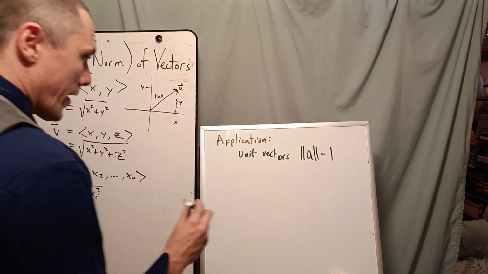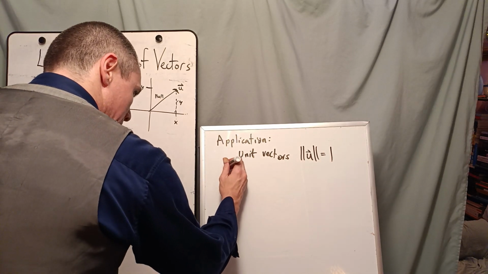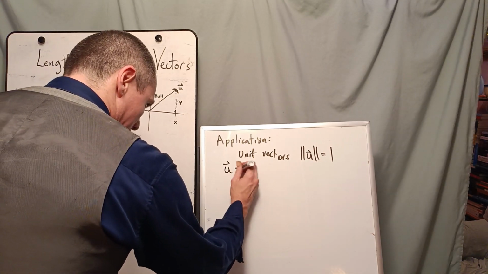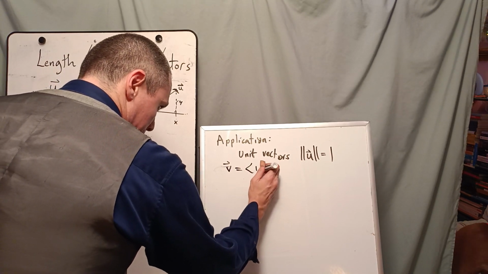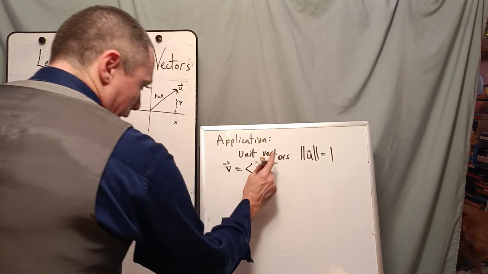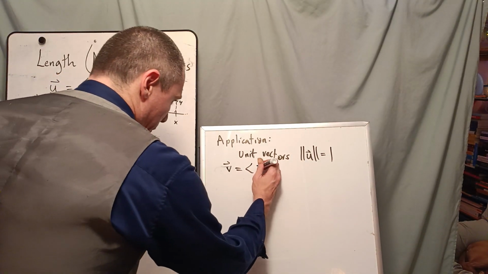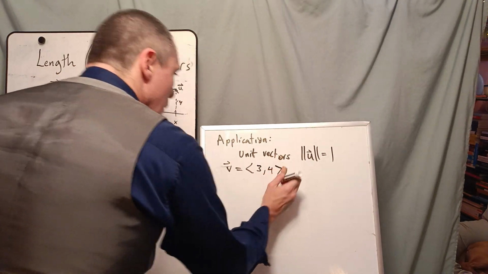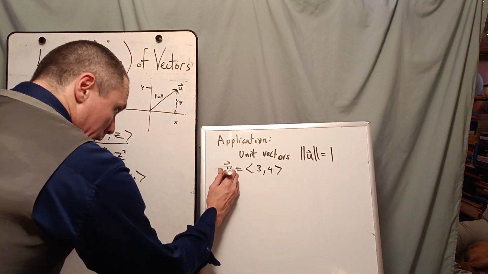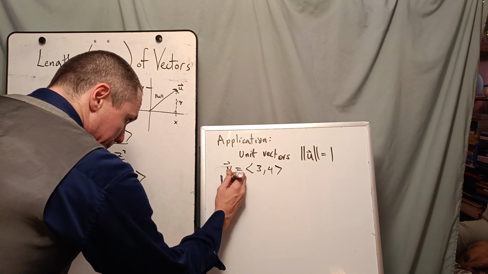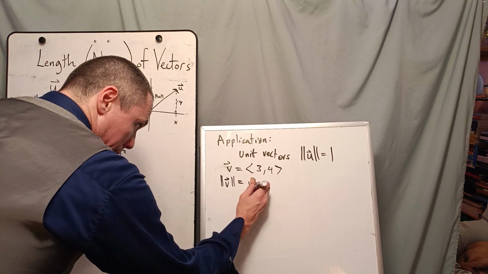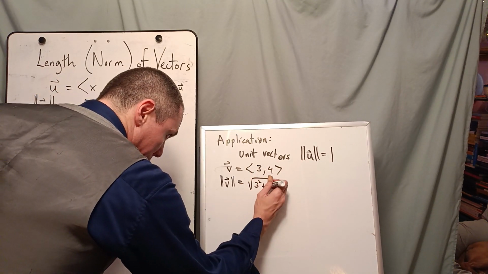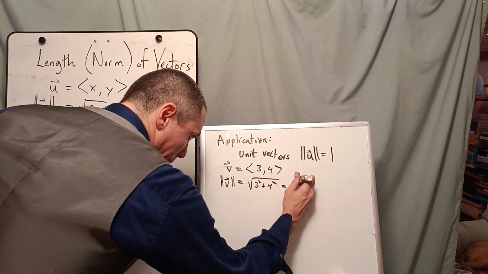So if I tell you any vector, let's say v instead, equal to, better yet, let's get something I know is a Pythagorean triple. Let's say 3, 4, right? And we could ask, well, what is the length of v? And this would be the sum of 3 squared plus 4 squared, which you can work out as 5.